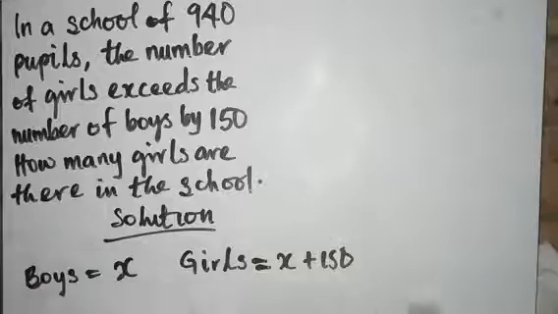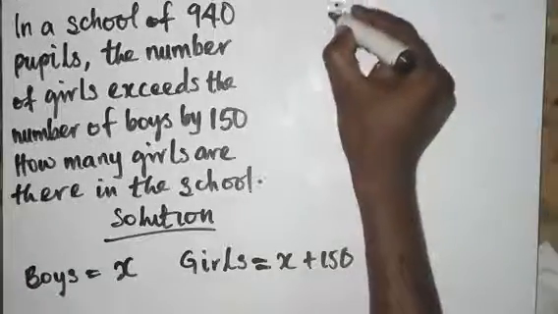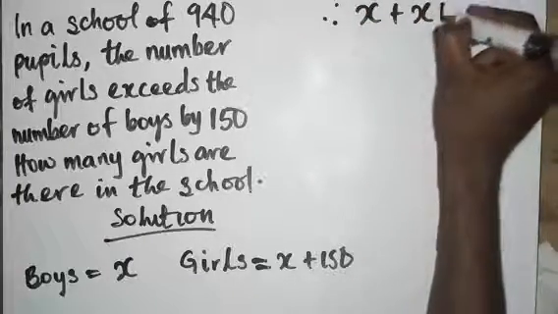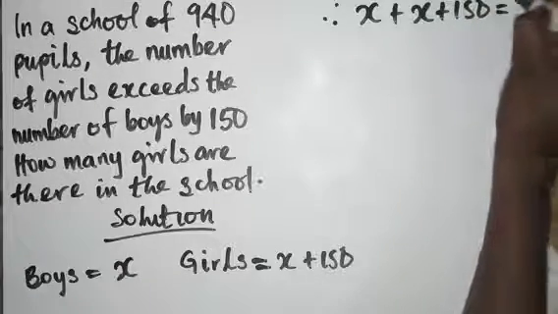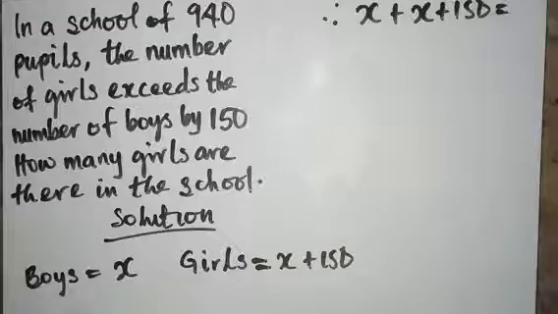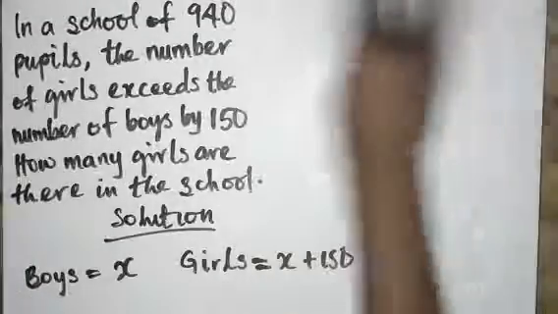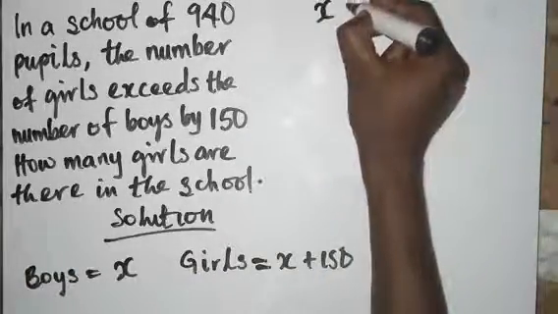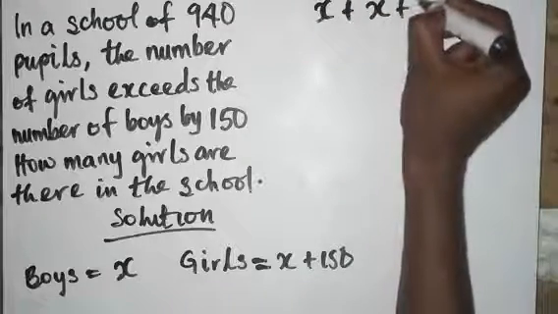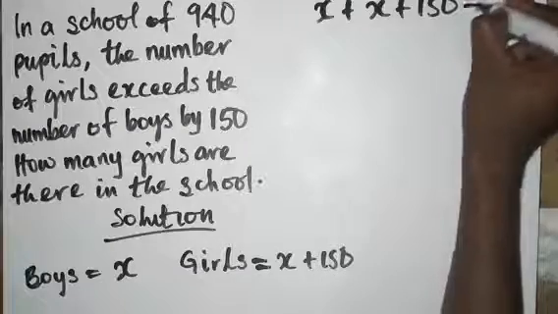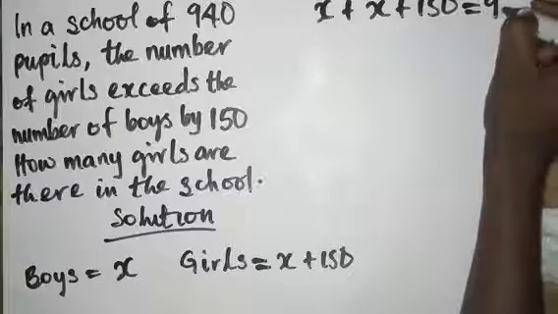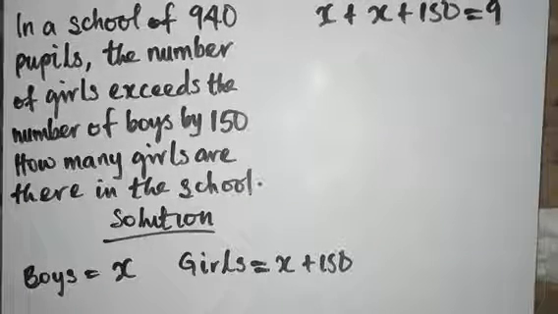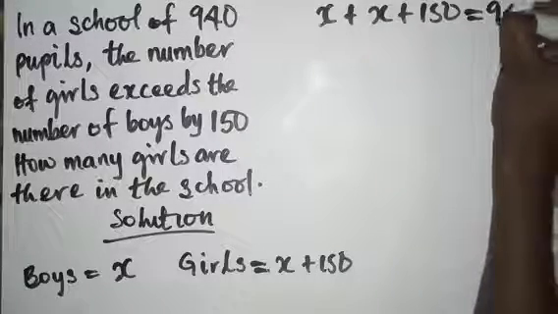And the total number, therefore, we have here: X plus X plus 150 equals 940.